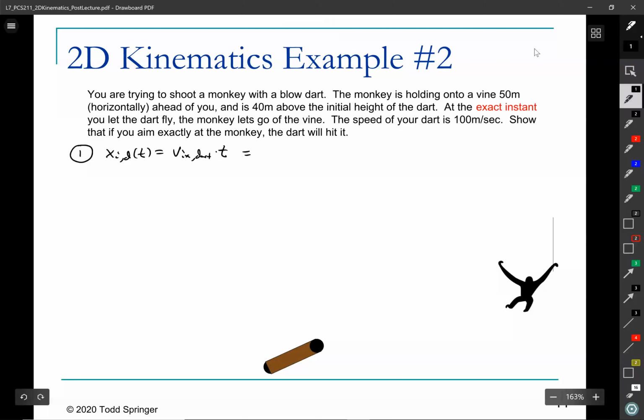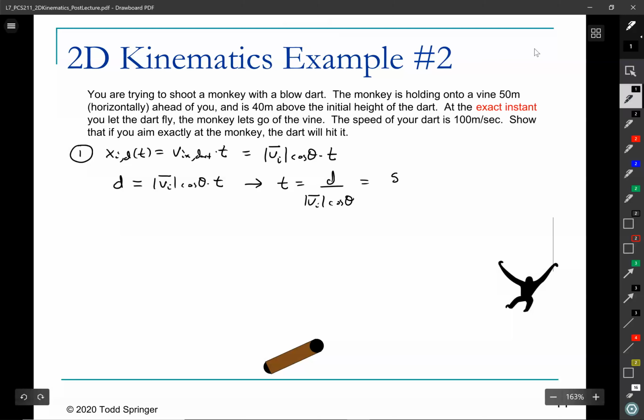And that's the x component of the velocity. So vi times the cosine of theta times t. Okay. So the distance that it travels is vi times the cosine of theta times t. So t, the time that it takes the dart to travel 50 meters, is d divided by vi cosine of theta.